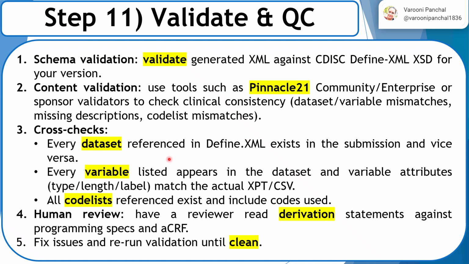Cross-check every dataset referenced in Define.XML exists in the submission and vice versa. Every variable listed appears in the dataset, and variable attributes, type, length, label match the exact XPT, CSV. All code list references exist and include codes used. Human review: have a reviewer read derivation statements against programming specs and ACRF. Fix issues and rerun validation until clean.